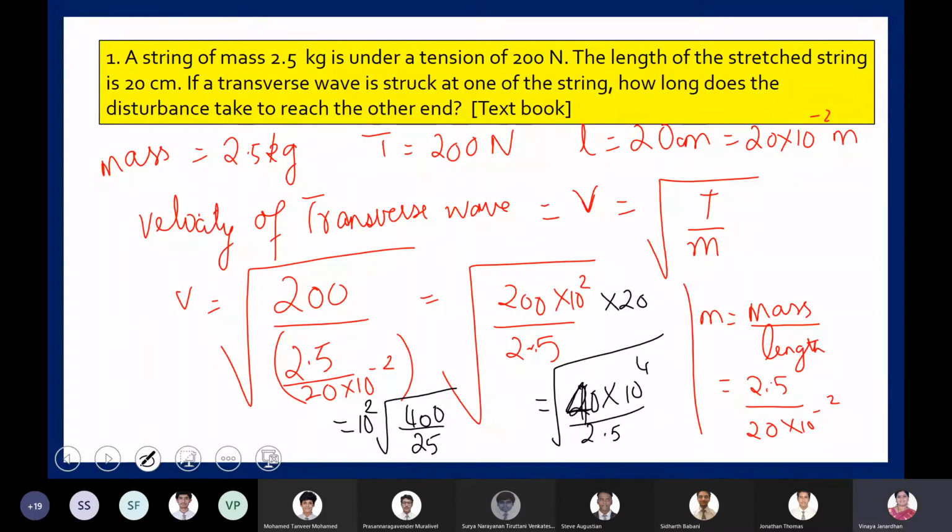What is the value, boys? What is v? Just check. Is it 4 or 40? It's 4, ma'am. No, just see the calculation I'm doing. Tension I've written 200, right? Mass per length is 2.5 by 20, correct.